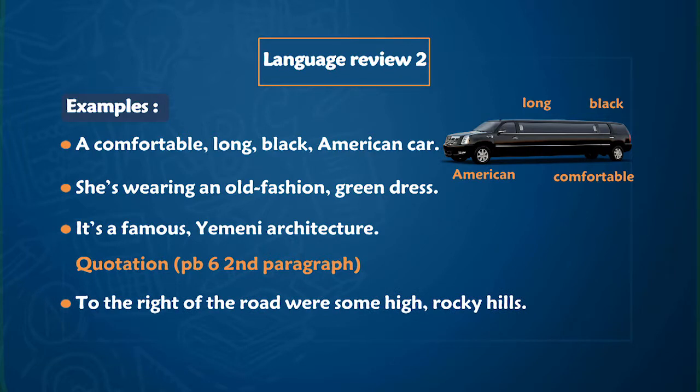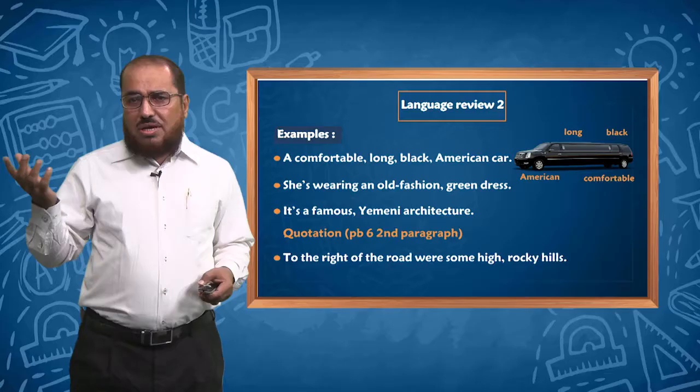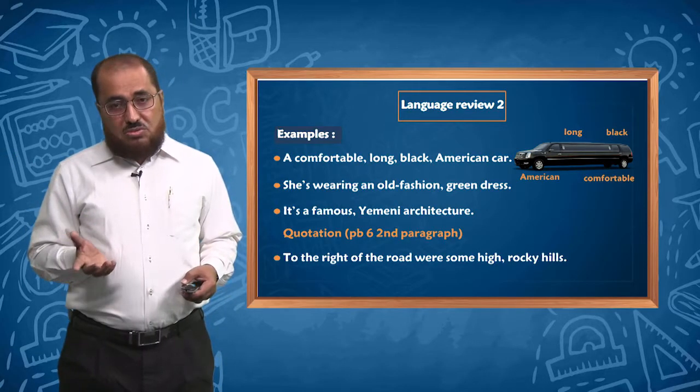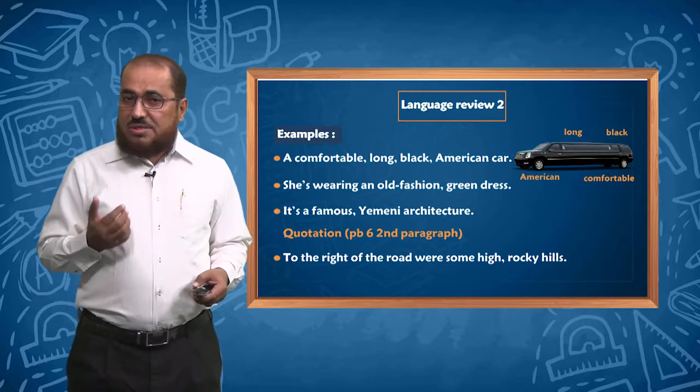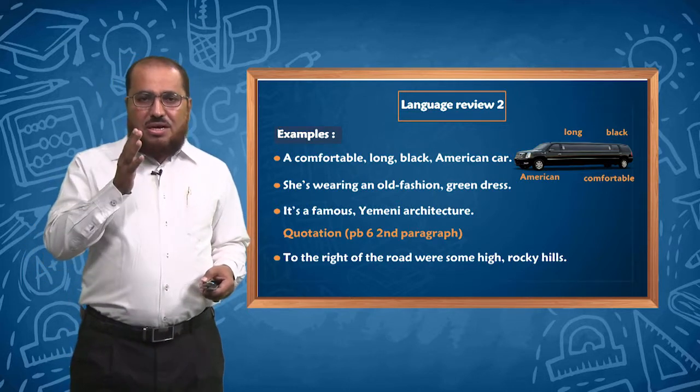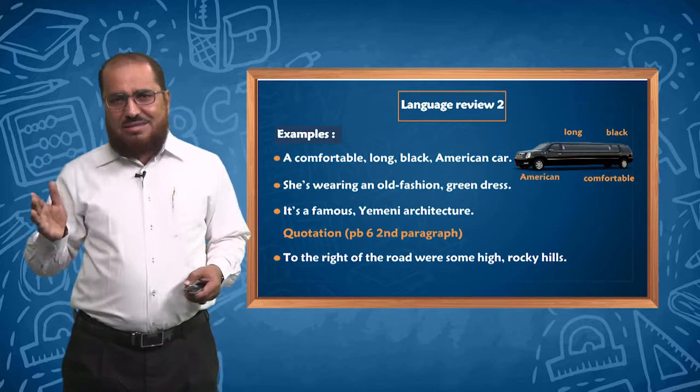To the right of the road were some high rocky hills. Why did the writer not say were hills? To the right of the road were some hills. Why high rocky hills?